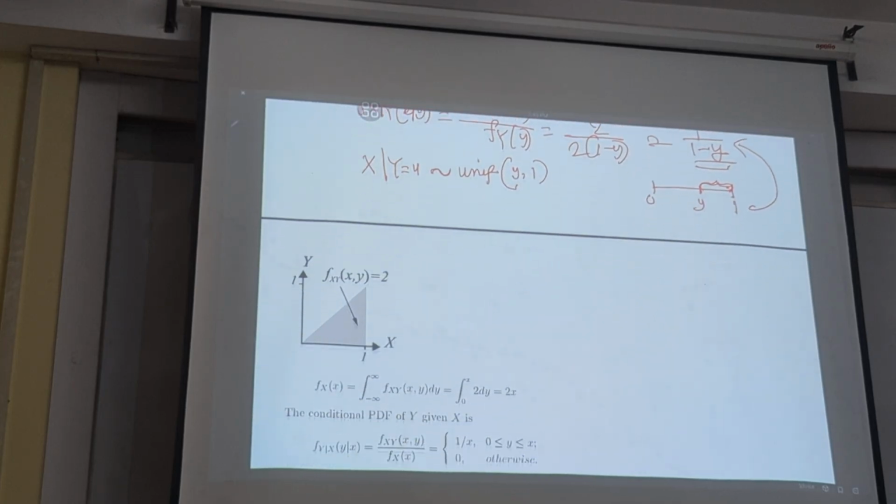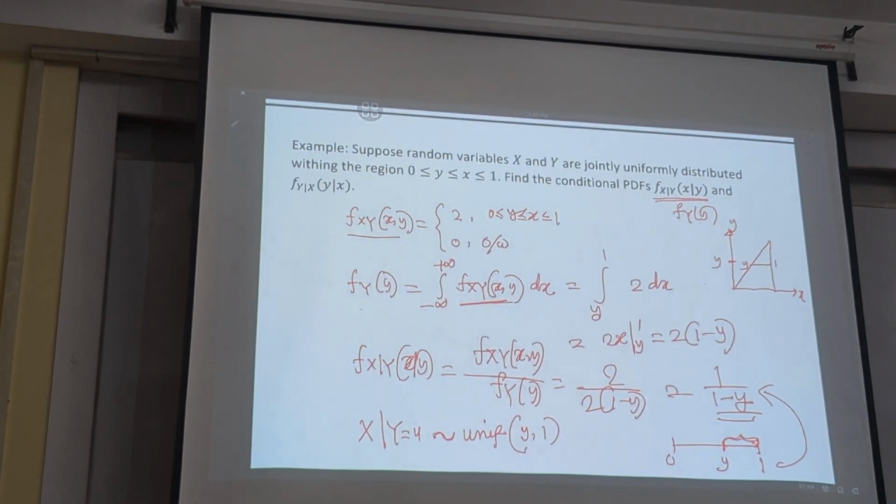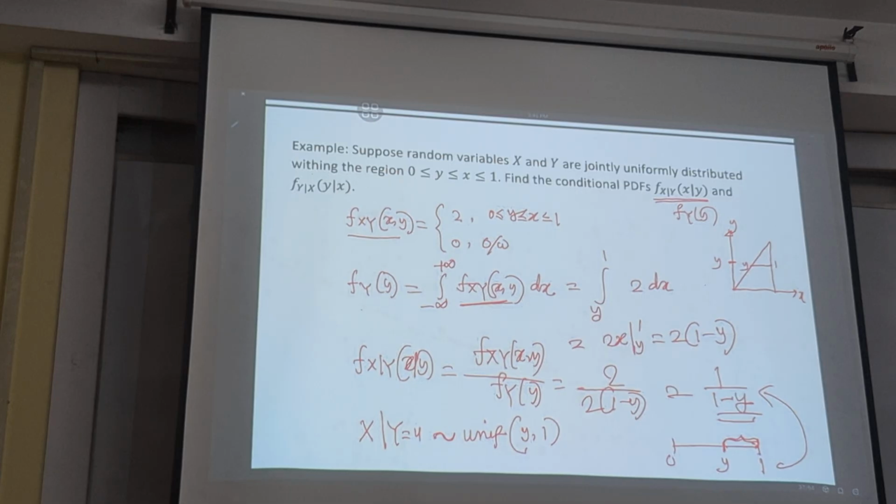Right? How do we determine this? This is uniform. When x and y are jointly uniform, if you consider the PDF curve, it will be along the z-axis. This is y, this is x.